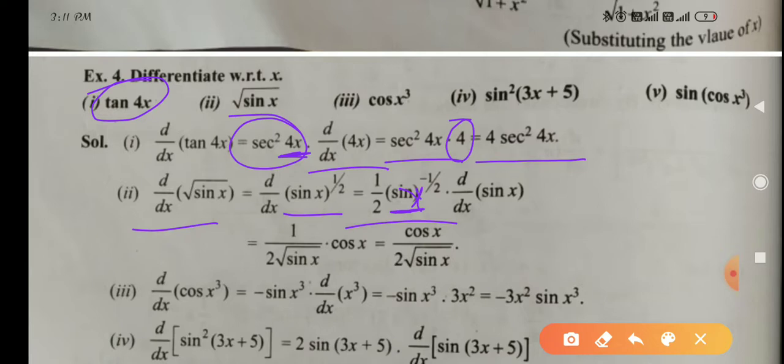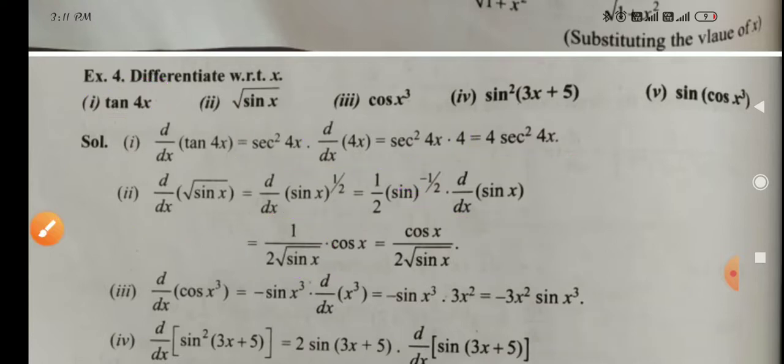But it was not x, so for sin x, again differentiation in multiplication will come. So the final answer will be 1 upon 2 under root sin x into differentiation of sin x, cos x, or you can write cos x upon 2 into under root sin x.